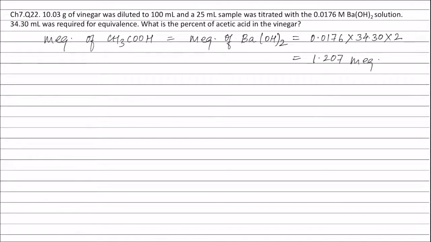Therefore, milliequivalents of acetic acid is equal to 1.207 milliequivalents.